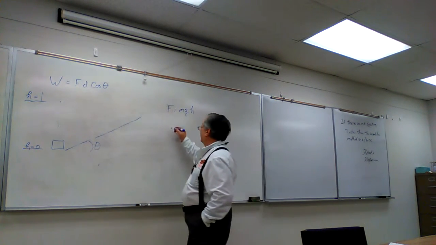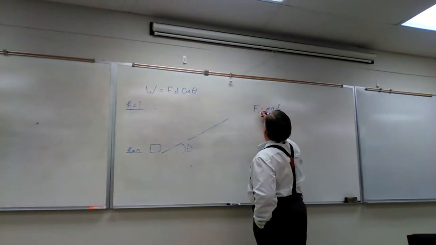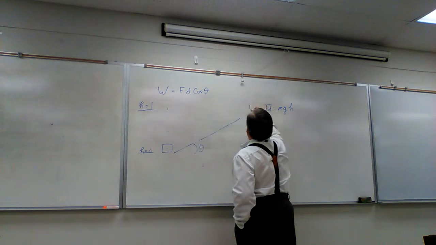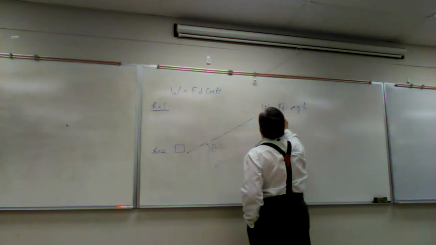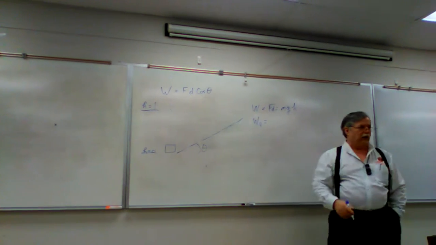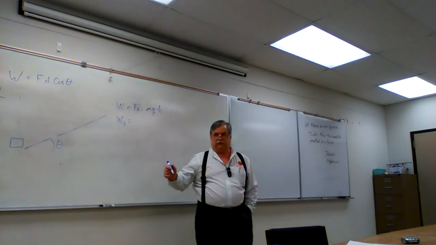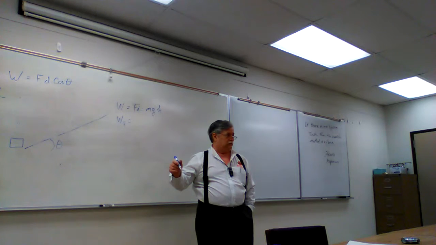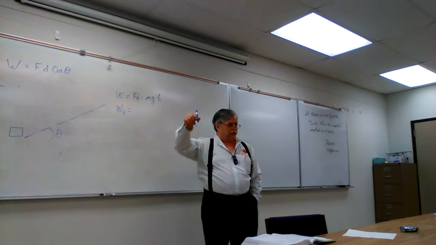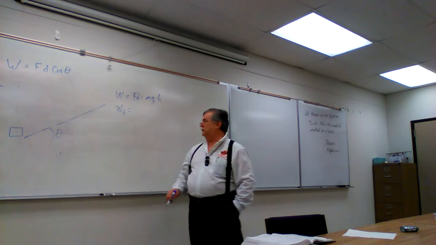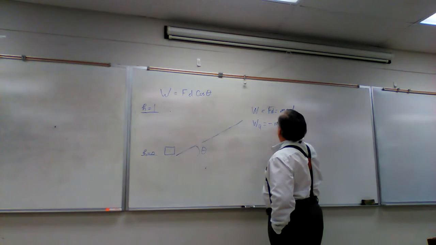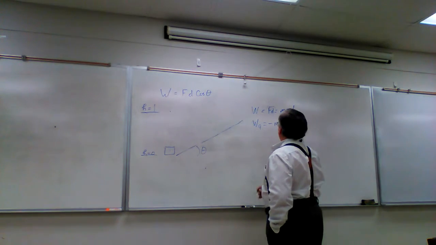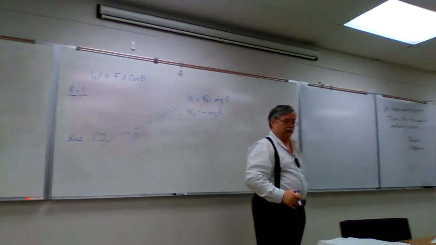The work done by gravity is exerting the same force over the same distance. Okay? But it's exerting its force in the opposite direction. So it becomes minus mass times gravity times that same height.